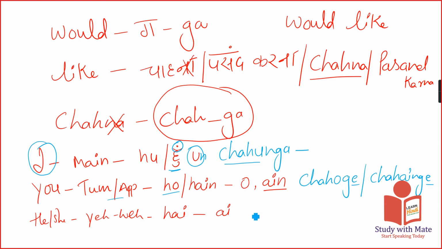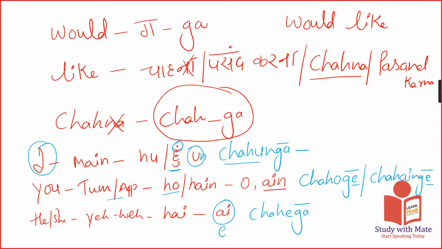Now he, she. I will take the "cha" and then this a sound, which can be described as e: chahe, and then "ga" because it's singular. So we use "ga", and तुम and आप are plural, so "ge", and I is similar to "ga" in the end. So you got this.